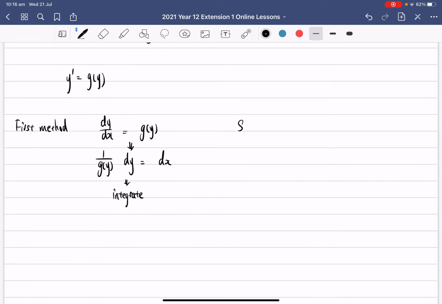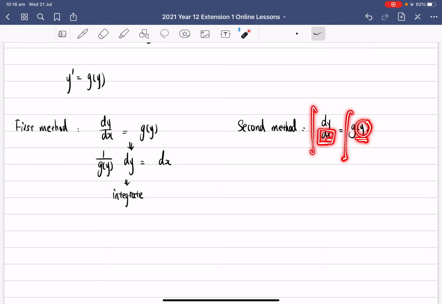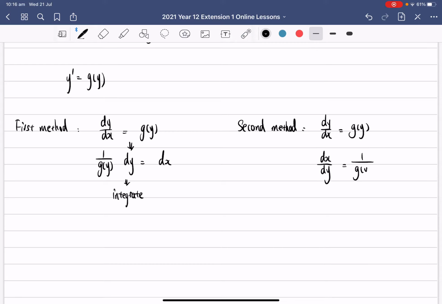The second method, which I feel is just the same method, there's not much difference here. You change the y dash into dy over dx is equal to g of y, and then you reciprocate both sides, so you get dx over dy is equal to the reciprocal of g of y, and then you can integrate.